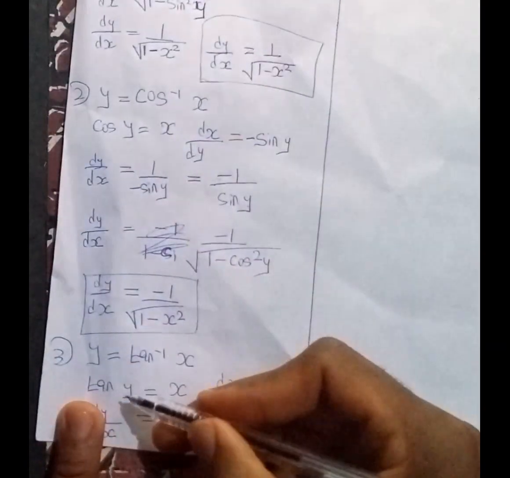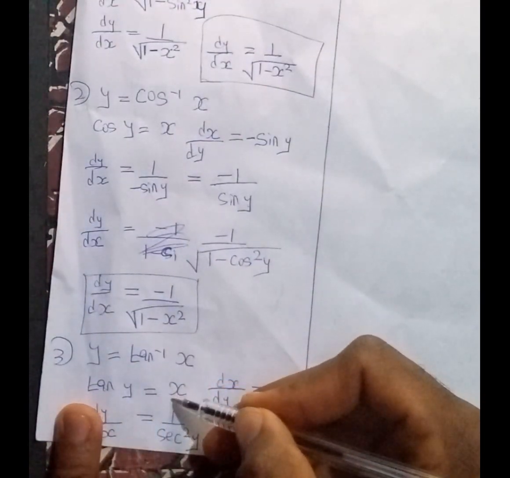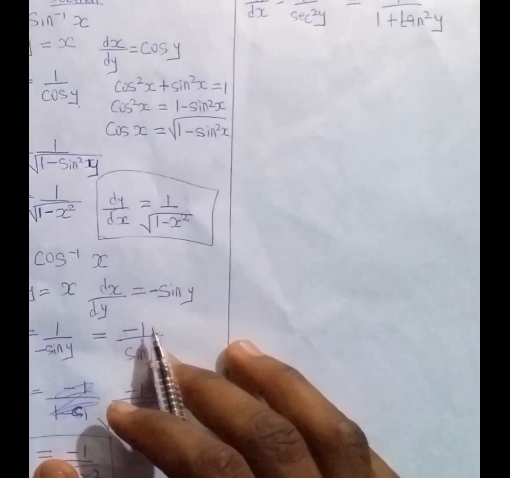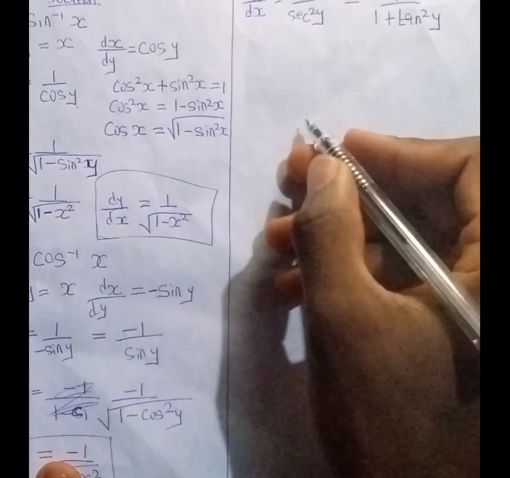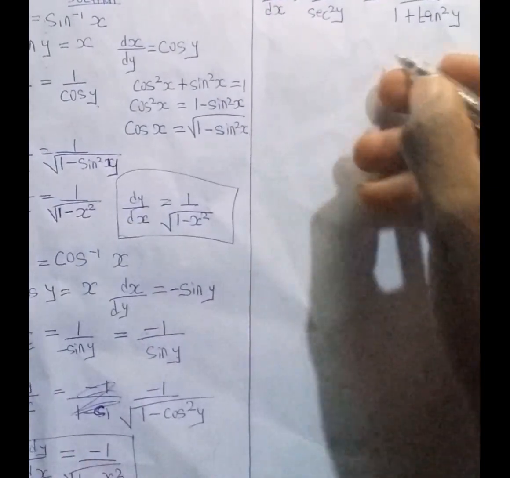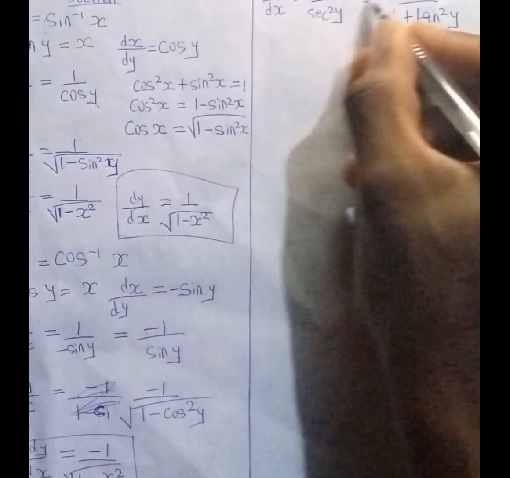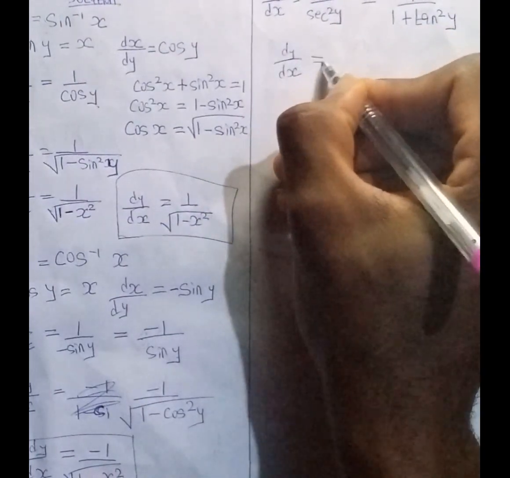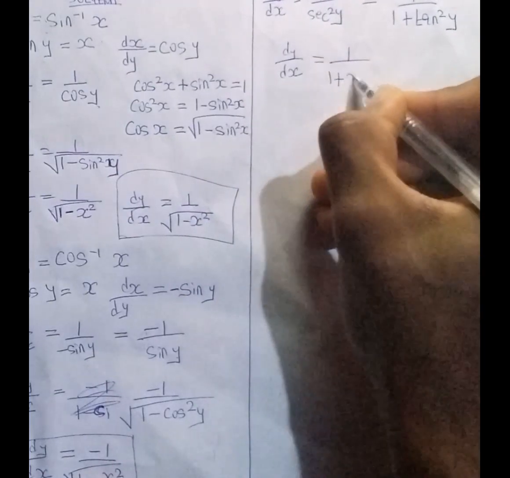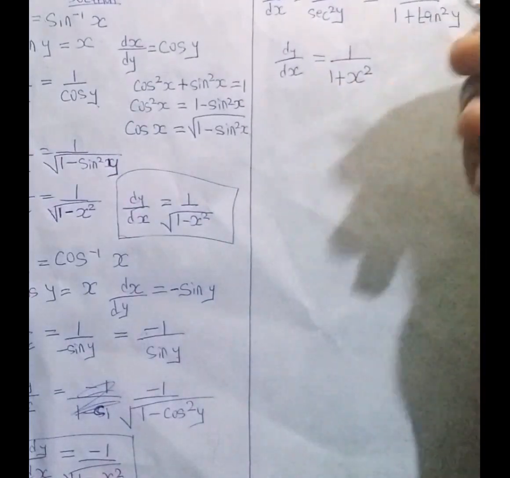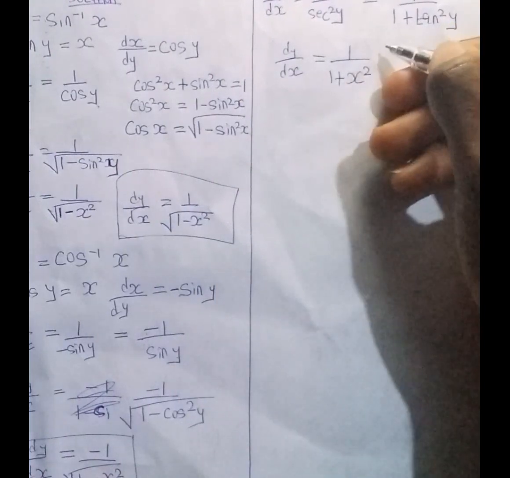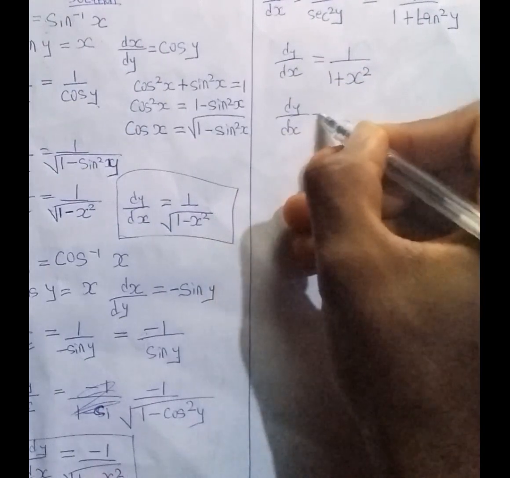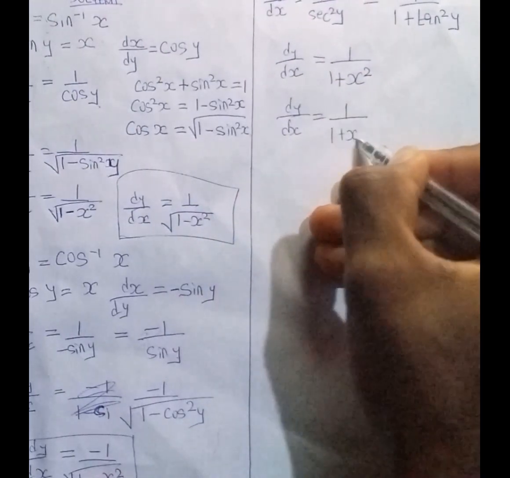But tan y equals x, so wherever we see tan y, we put x. Therefore dy/dx equals 1 over 1 plus x squared.